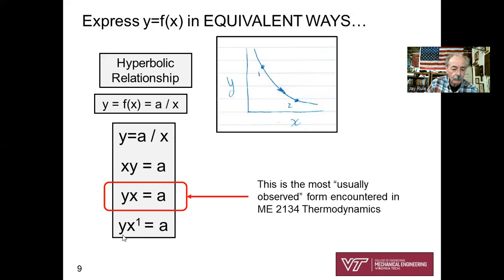Recognize that you could also write this y times x to the 1 power equals a. So you see how these last two are identical. X is also x to the 1. Okay. But anyway, get comfortable with the way we can write different forms of the same function, the hyperbola.